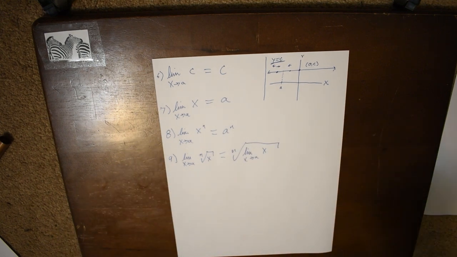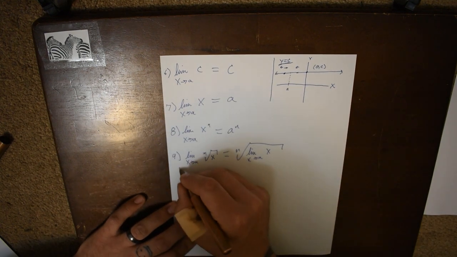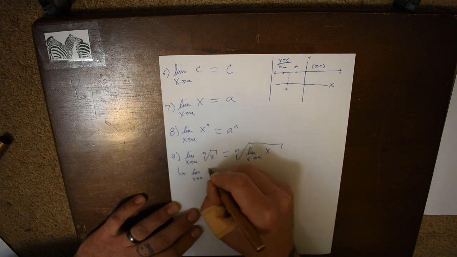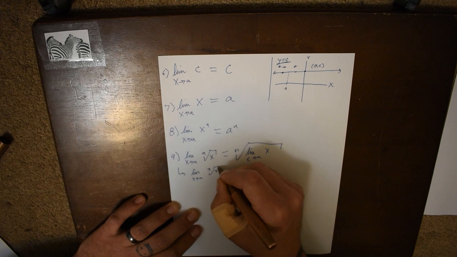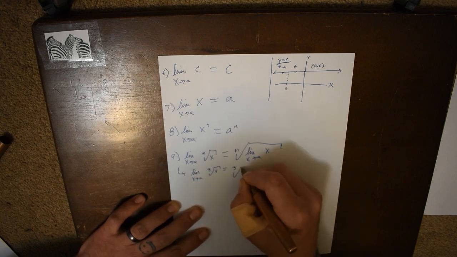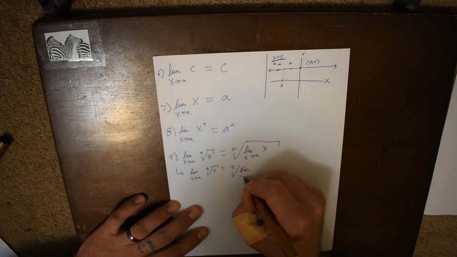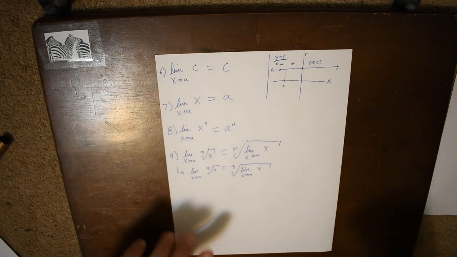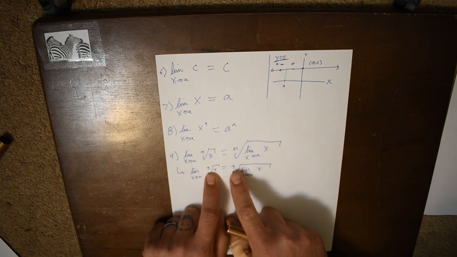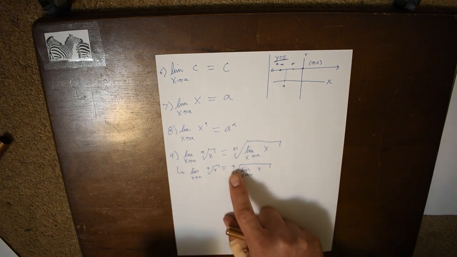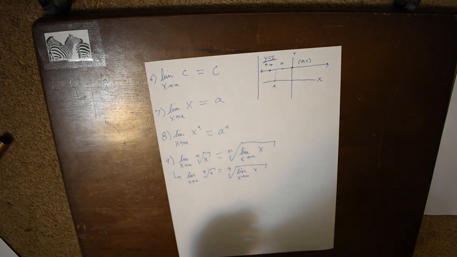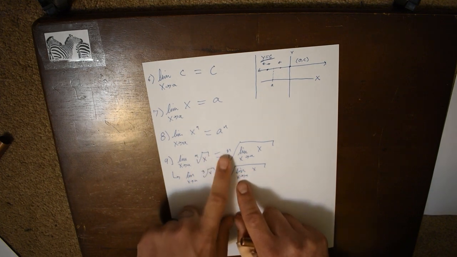And by nth root, what do I mean? That's like the limit as x goes to a of the cubed root of x is equal to the cubed root of the limit as x goes to a of x. We could put a 3 here, a 4, a 5. If we don't write anything, there's an implied 2 and we get just the plain old square root. But for any number you put here, you can also put it there.